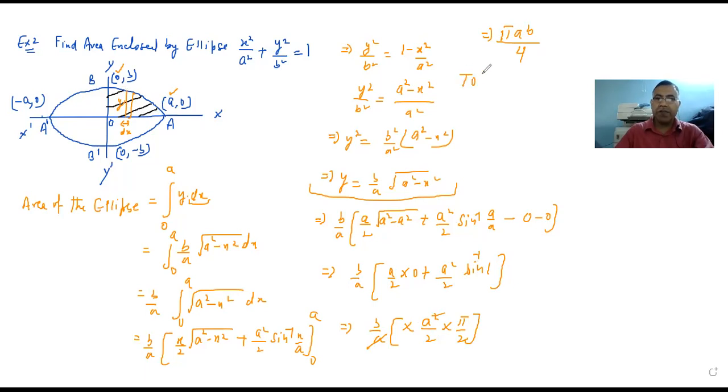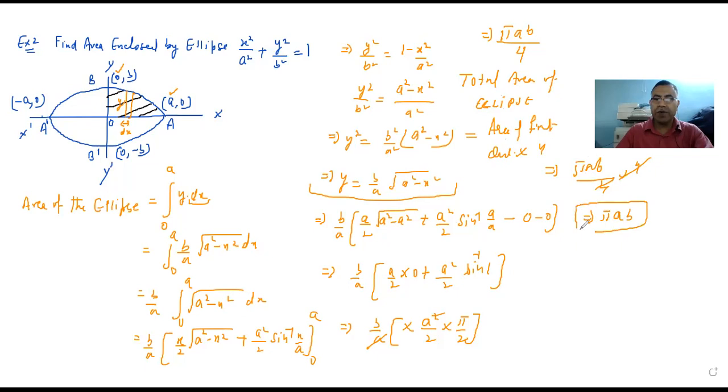So total area of the ellipse is equal to the area of the first quadrant multiplied by 4, which implies pi ab upon 4 into 4, which implies it is equal to pi ab.